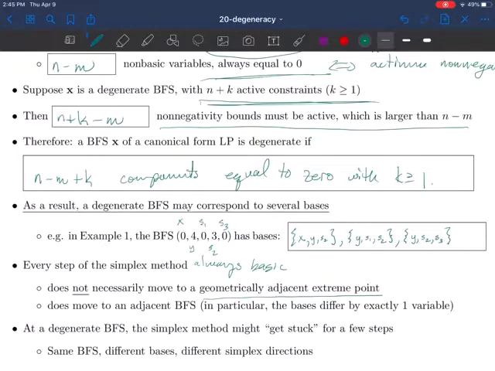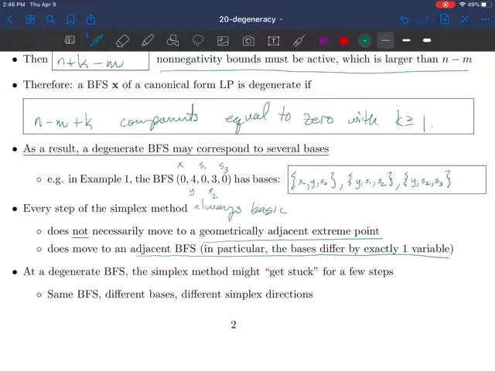So in each step of the simplex method, we don't necessarily move to a geometrically adjacent extreme point, but you always move to an adjacent basic feasible solution combinatorially. You always move to a new basis. So the problem here is at this degenerate BFS, you might get stuck.